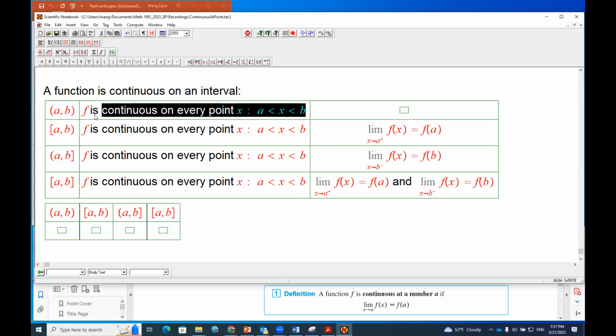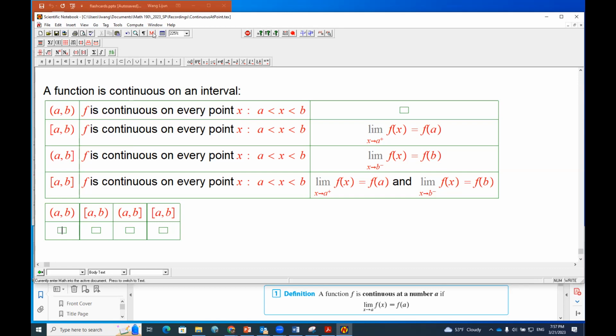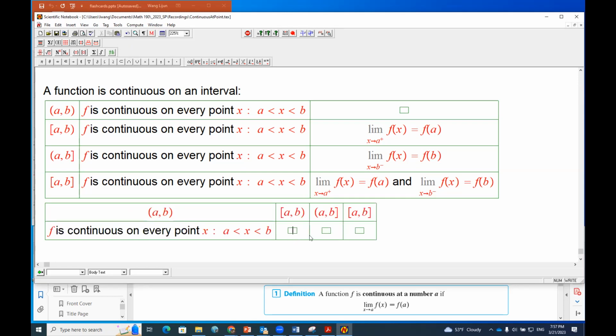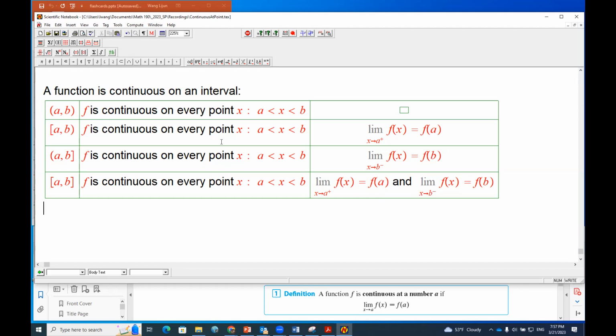So all of these have this condition involved, that's for all of them. That's not going to work very well because it's going to be too wide. I think this is just fine.